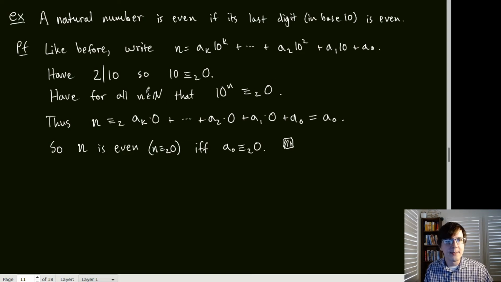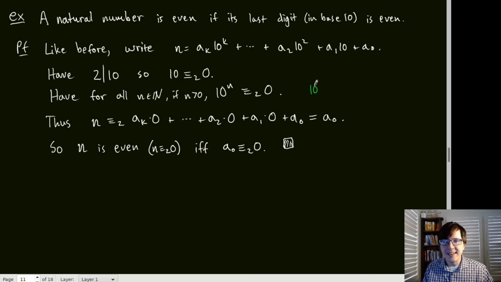Oh, wait, I made a little mistake there. I meant for all n, if n is greater than 0, then that's true, right? Because 10 to the 0 is 1. Actually, we don't even need induction.